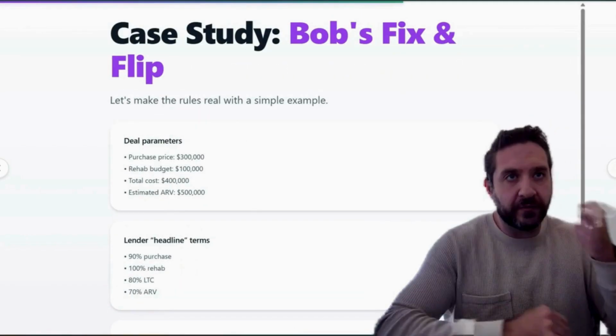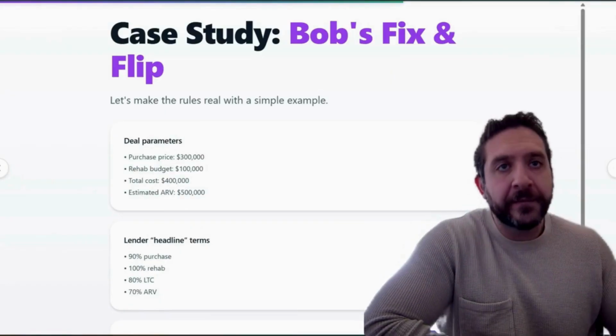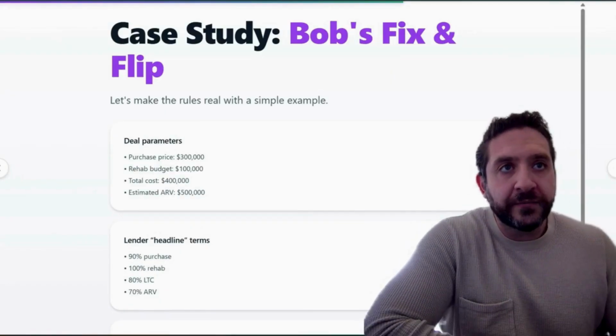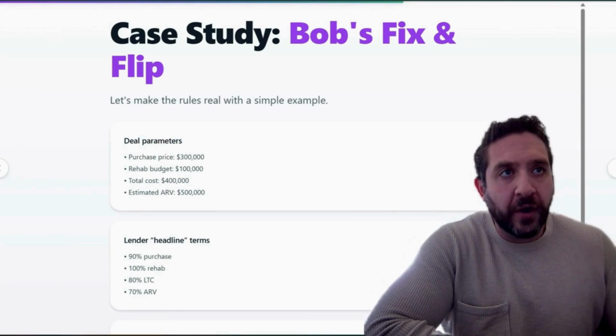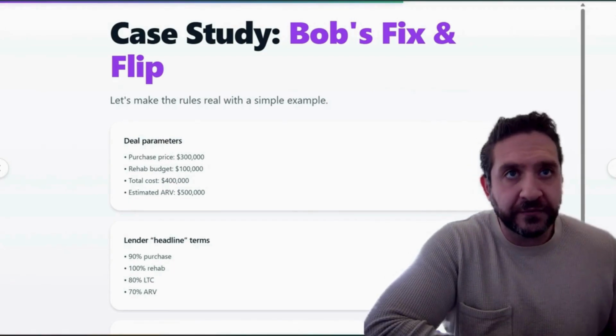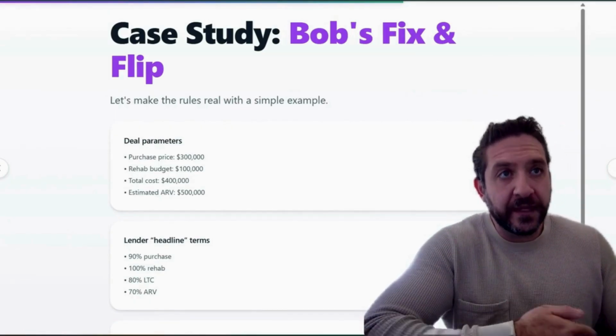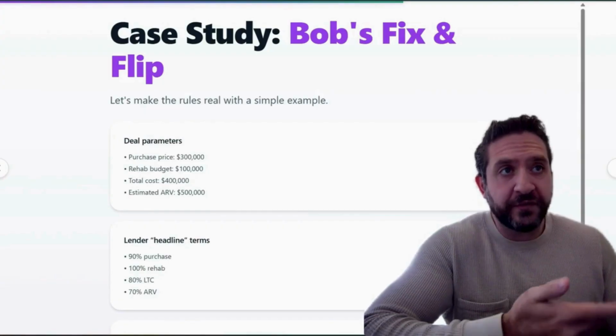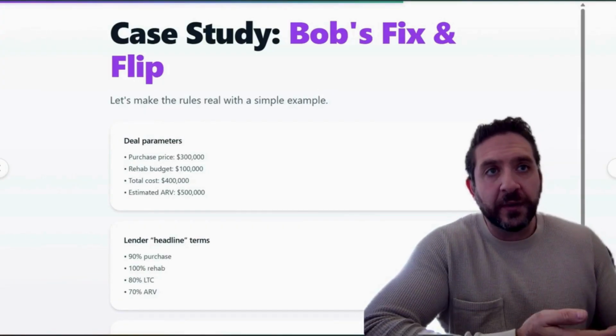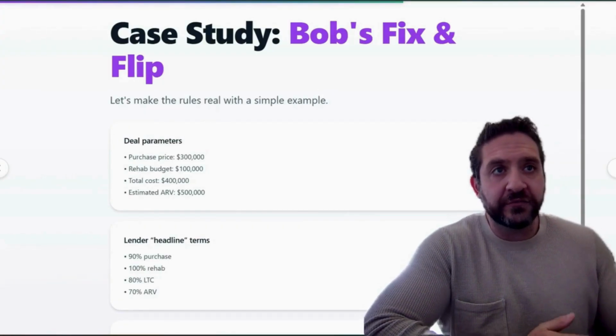Let's make it concrete with a simple example. Say your borrower, Bob, is looking at a property for 300,000. He wants to put 100,000 into the renovation, so total cost will be 400. Based on comps, he thinks the ARV is around 500,000.